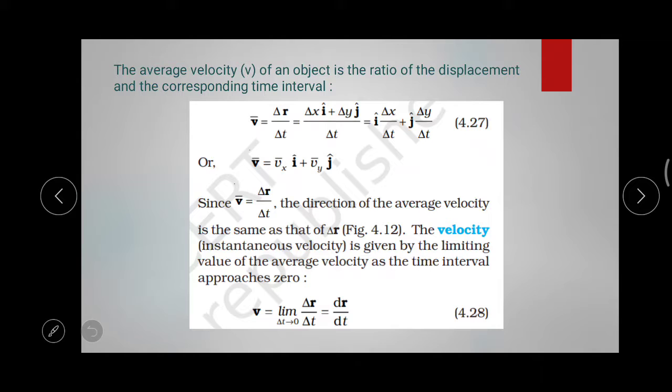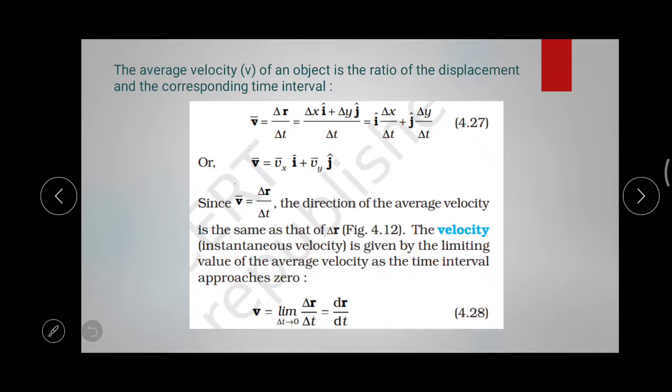The average velocity v bar of an object is the ratio of the displacement and the corresponding time interval. Here the displacement vector, as in the last case, is delta r. So v bar will be equal to delta r by delta t. The components of delta r we have derived as delta x i cap plus delta y j cap, all divided by delta t.